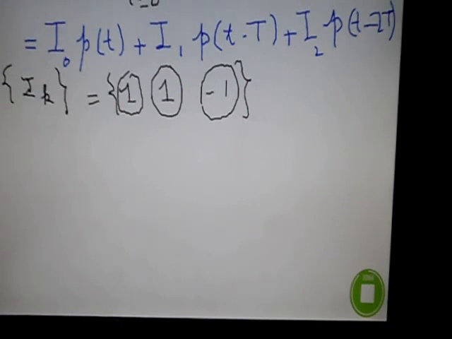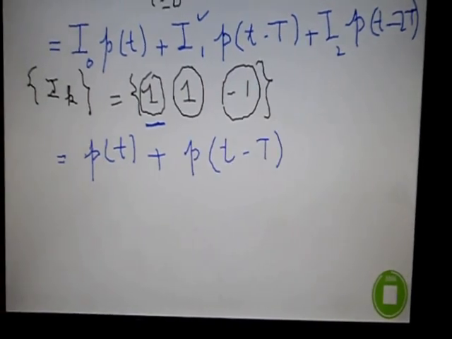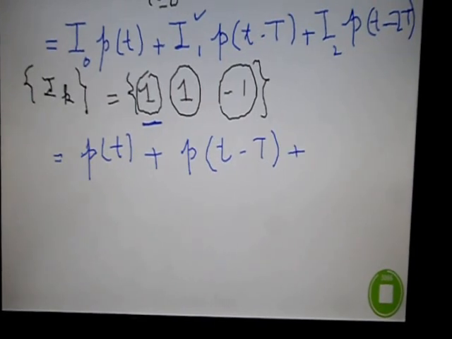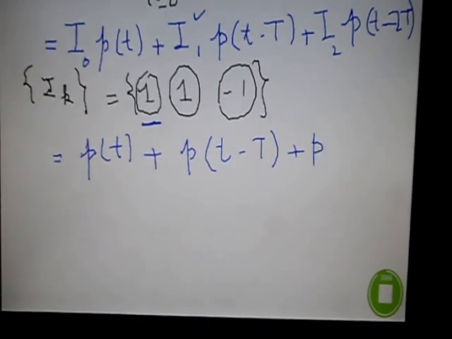Now observing the signal, I naught is 1, so you have P of t. Similarly, I1 in this expression is 1, so 1 times P of t minus capital T, and then you have a minus 1 times P of t minus 2T. It's not plus here, it's a minus sign.